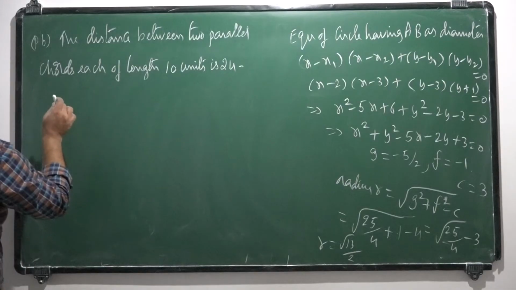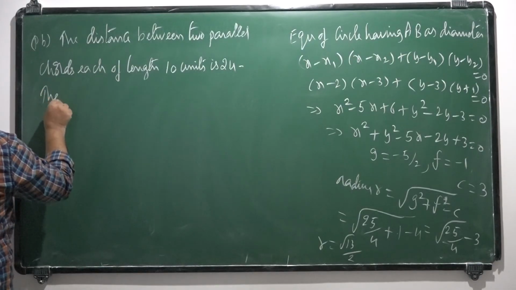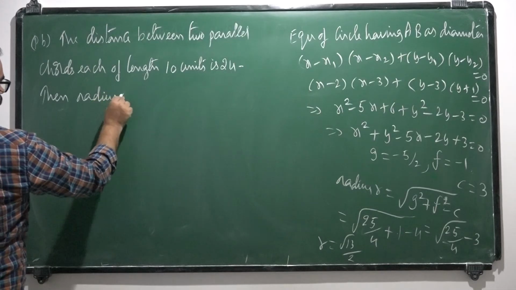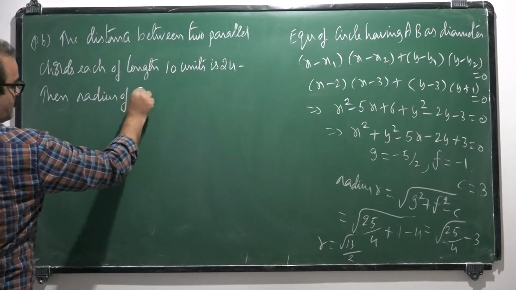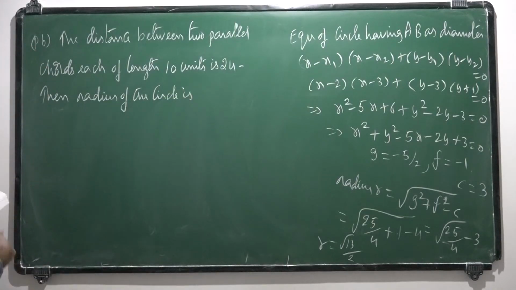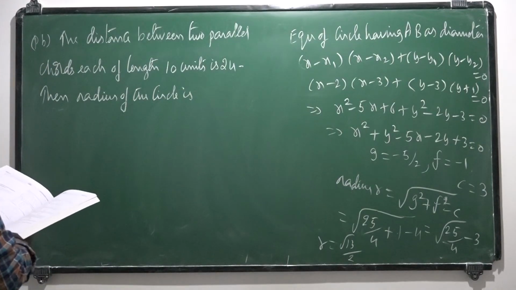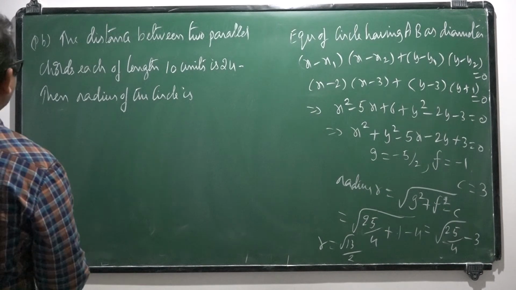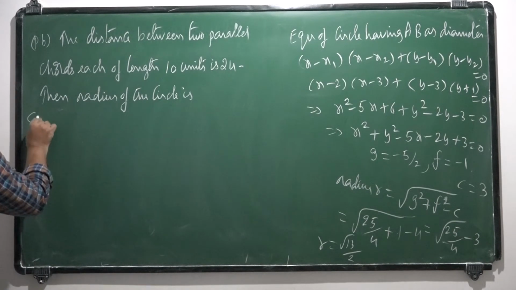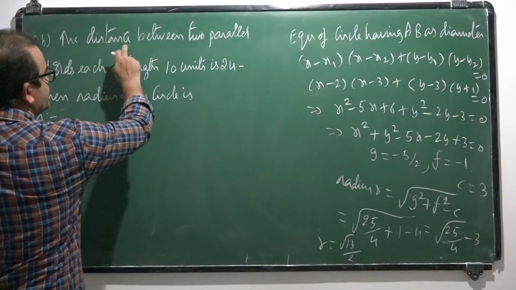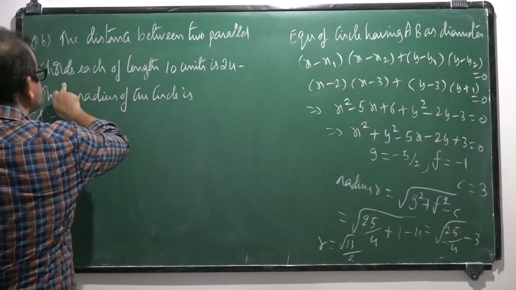Then the radius of the circle is... First read the problem. The distance between two parallel chords.